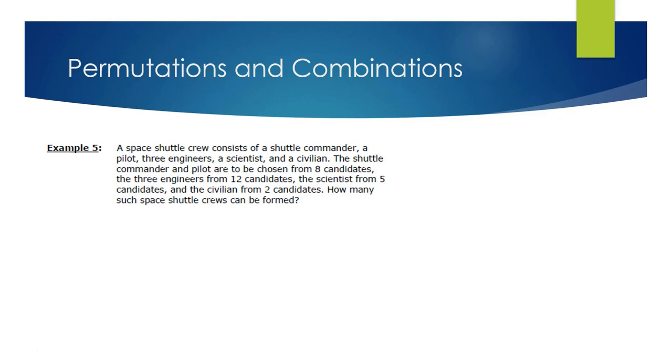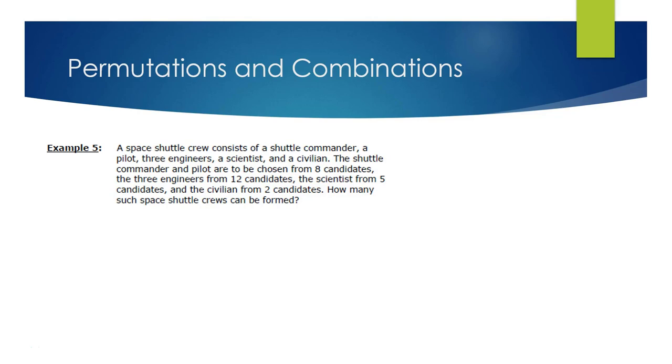Usually the commander and the pilot have to know how to fly the shuttle, so they're all going to be pilots, and those are 8 candidates. One will be called the commander, one will be a pilot. So there's going to be 2 picked from that group. From the rest, you're going to pick 3 engineers from the engineer group, 1 from the scientist group of 5, and 1 from the civilian group of 2. So how many different space shuttle crews can be formed based off of this information?